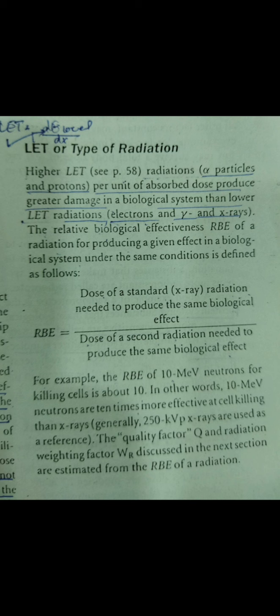There is another factor which is chemical modifiers. In the presence of certain chemicals, these chemicals can modify the responses of a biological system to the radiation. Substances that make biological systems more radioresistant are called radioprotectors, and a good example of a radioprotector is the protein cysteine.